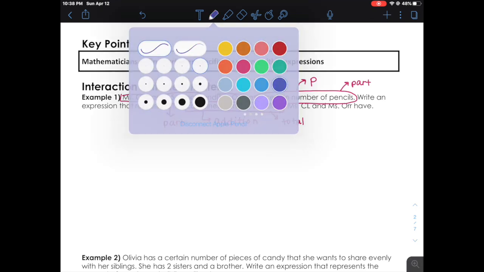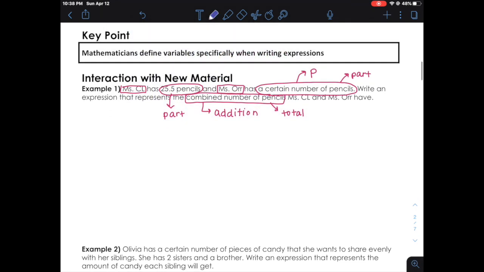Okay, so let's apply our key point by first defining very specifically what our variable P represents. So let P represent the number of pencils Ms. Orr has.